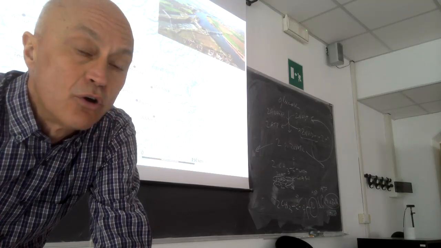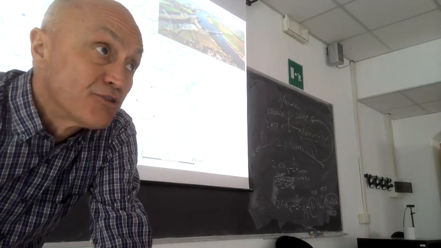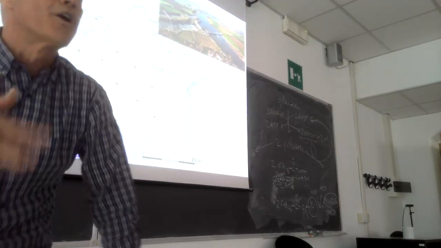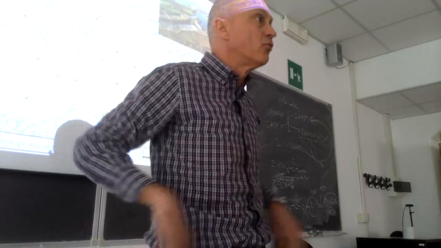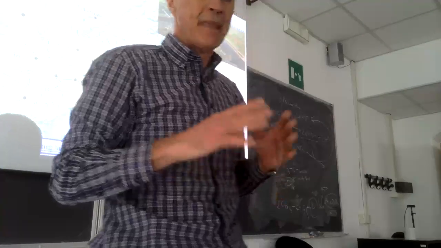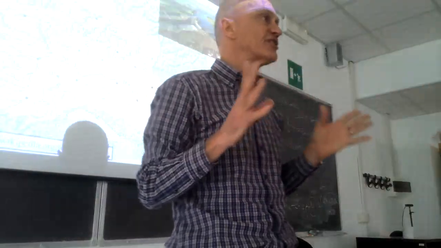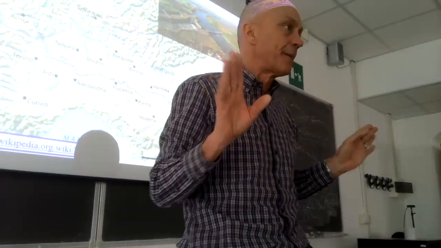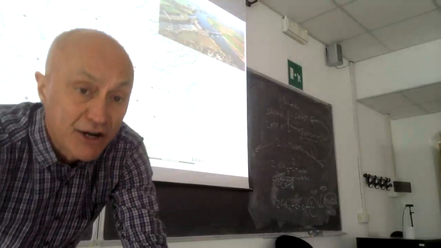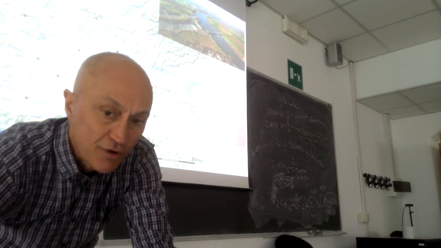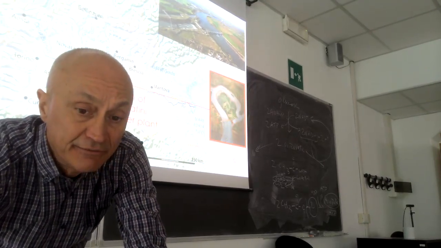There's a large dam, and then, look, a meander, a long one. These are kilometers of the river Po. A large meander, and then with an artificial channel, this meander was cut. Okay?